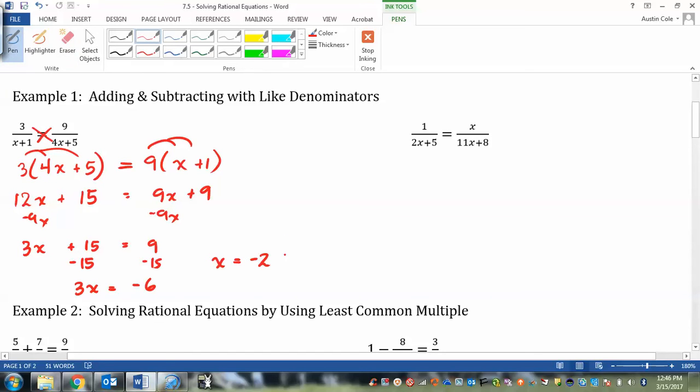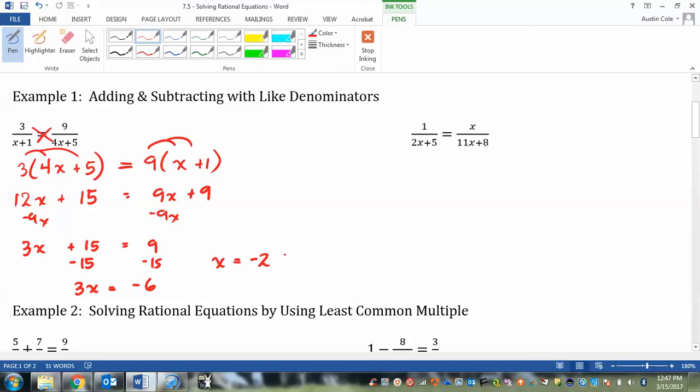Guys, one thing that we need to make sure we do: we don't need to include any undefined values up front, because we're really just finding what value of x makes this equation true, and that is negative 2. The only thing we need to check for is that the answer or answers that we get don't make our denominator 0.